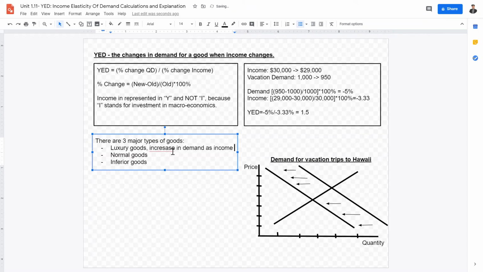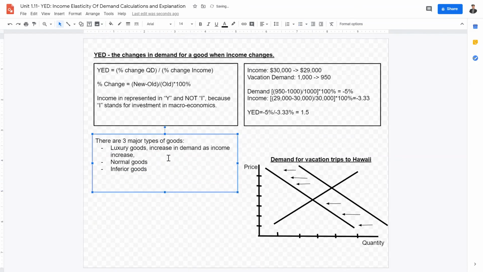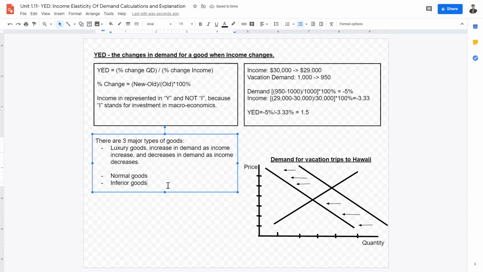Demand increases as income increases, and decreases as income decreases. For normal goods, however, it is also the same. Demand increases as income rises, and decreases as income decreases.